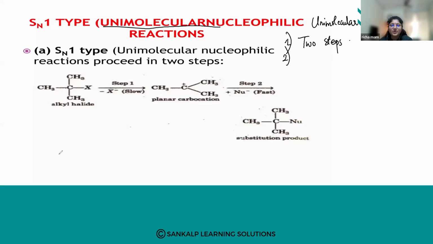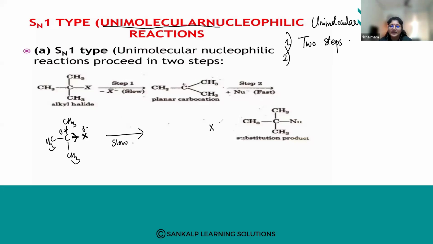So the first step is what? You have a tertiary alkyl halide. The first step is a slow step. As we know, the C-X bond is highly polar, so the halogen tends to pull the electron towards itself, giving partial negative and partial positive charges.